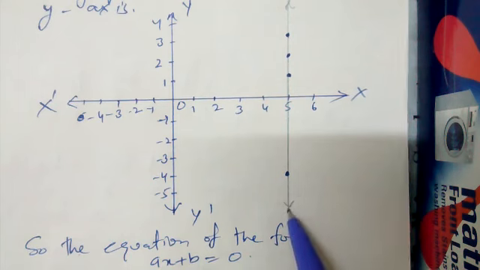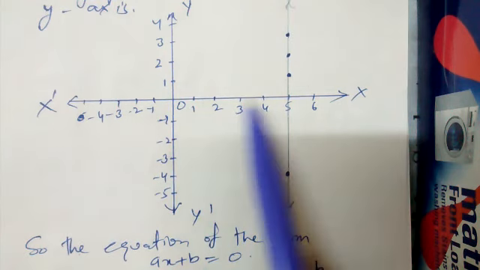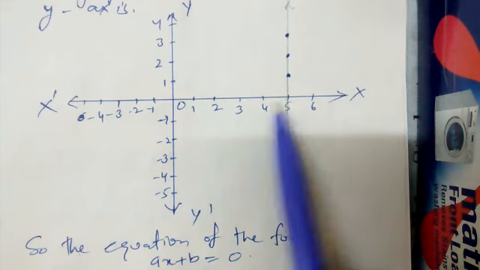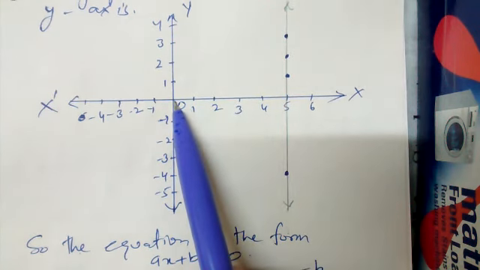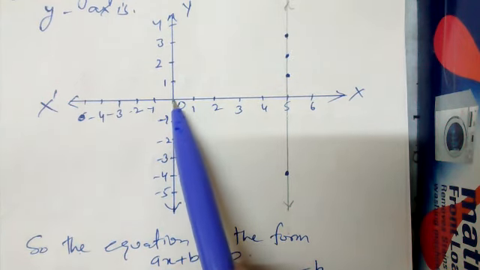Now we had x equal to 5, and we have a line standing parallel to the y-axis. If we make x equal to 0 here, then the line will be parallel to the y-axis and standing at this origin 0. So such a line is y-axis itself. So the equation of y-axis will be x equal to 0.